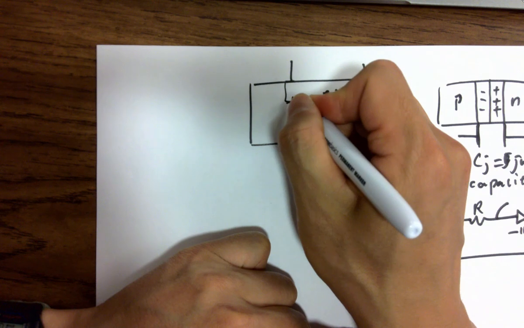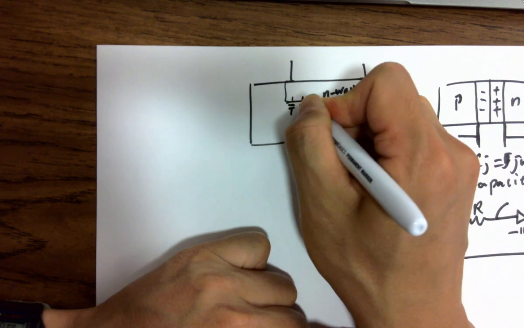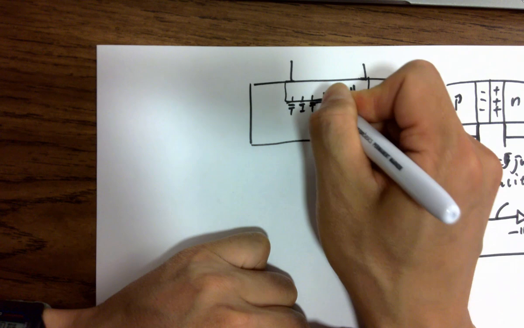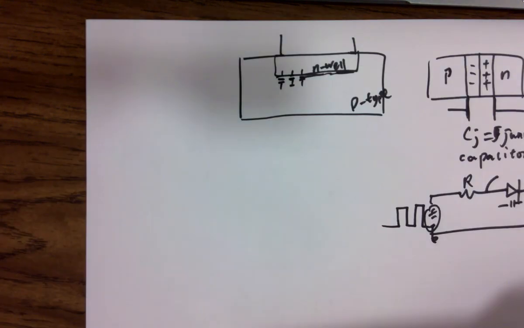So for this one, you have parasitic capacitors embedded in here, like this. And so we can model it in a way like this.